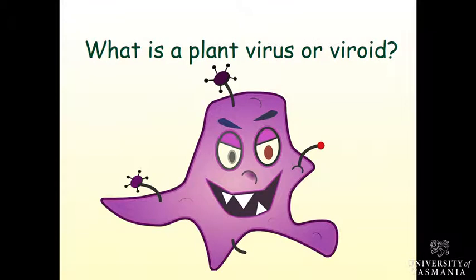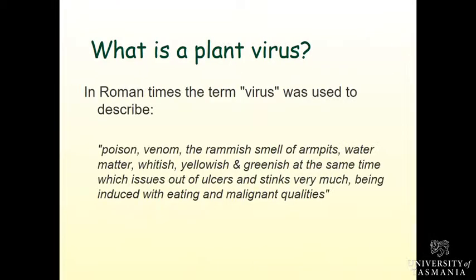Anyway, what is a virus? We talked about them, but what are they? They're not that, but that's kind of what you get if you Google image what a virus is. I love this definition. It's completely erroneous, but I love it. The actual term virus dates back to Roman times, so well before they knew what they were, and it was defined as a poison, venom, rank smell of armpits.